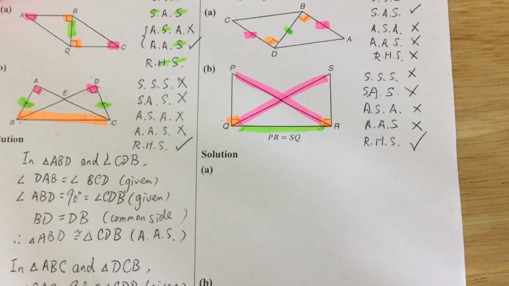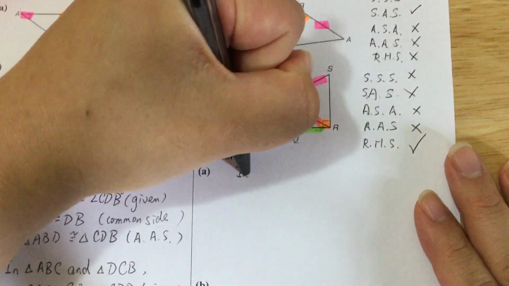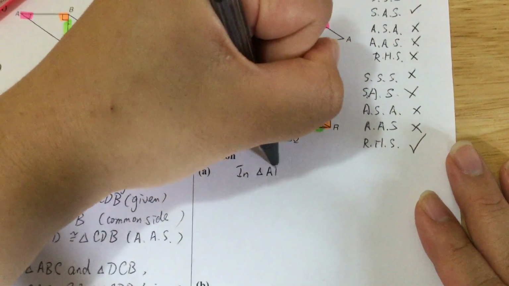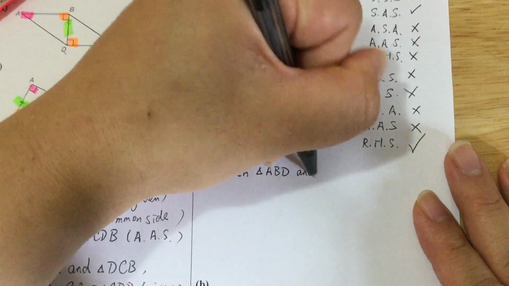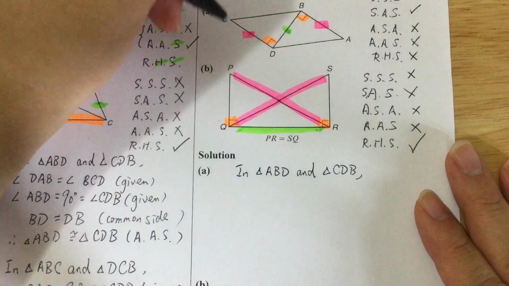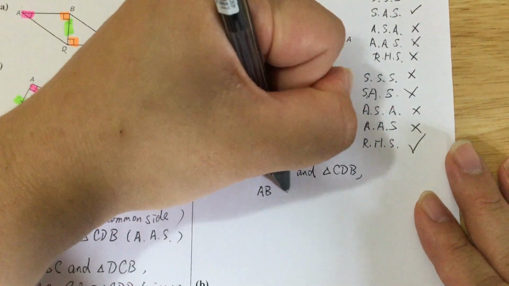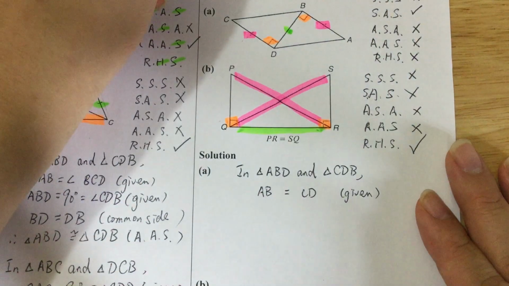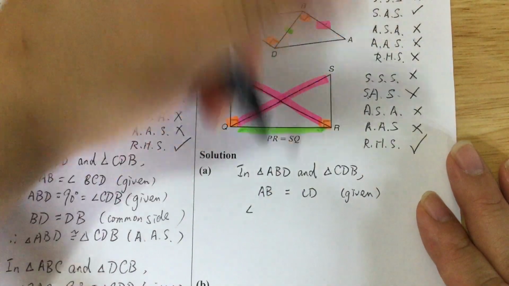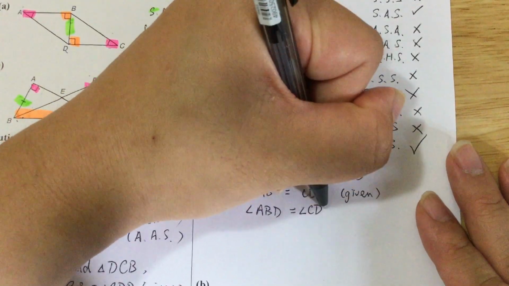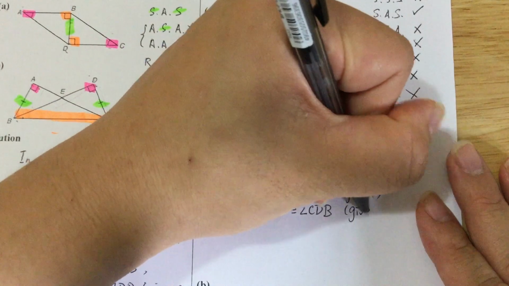Okay, let's show you the answer. In triangle ABD and triangle CDB, you will see AB is equal to CD, given. And angle ABD is equal to angle CDB, given 90 degrees.